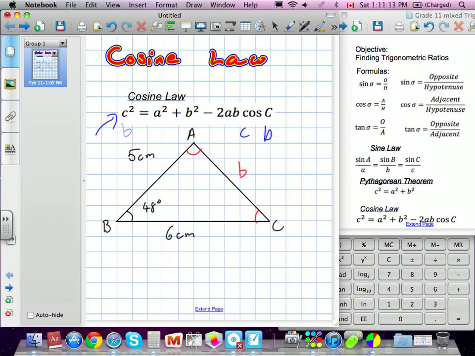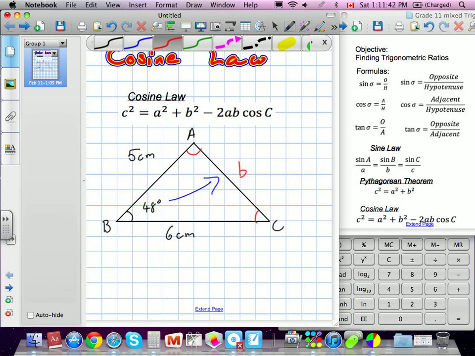And what we're going to do is no matter what the triangle's named, this one is named ABC, we're going to always rename the triangle A, B, and C. This represents a side, lowercase, and this represents an angle. Whatever angle or side we're looking for specifically in that equation, we're going to call that side C and angle C. So for instance, right now, let's say we're solving for side B. Okay, I'm going to rename this triangle.